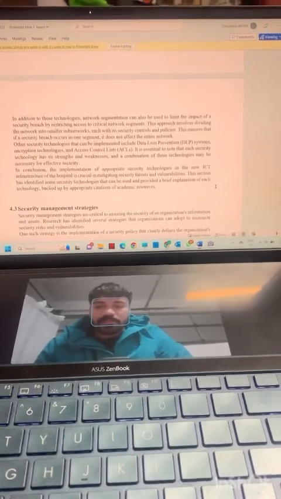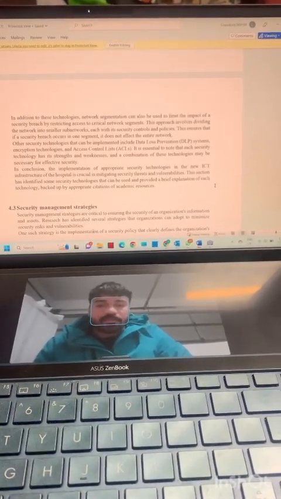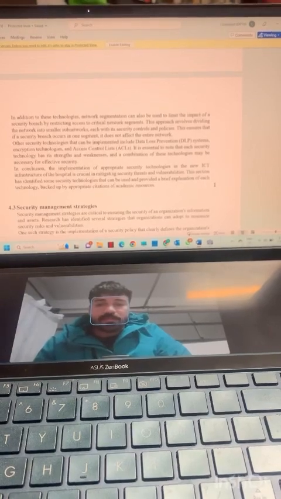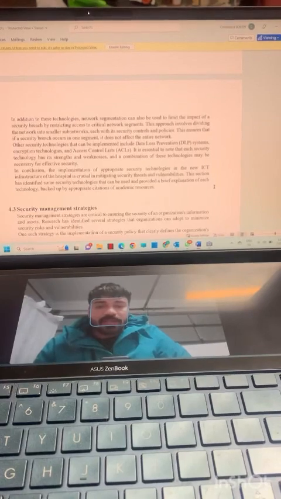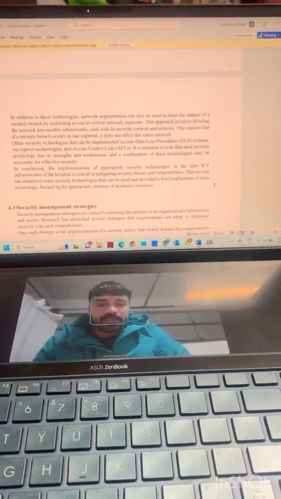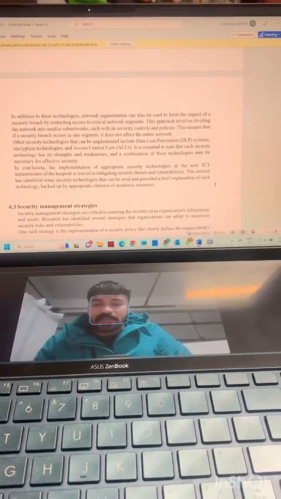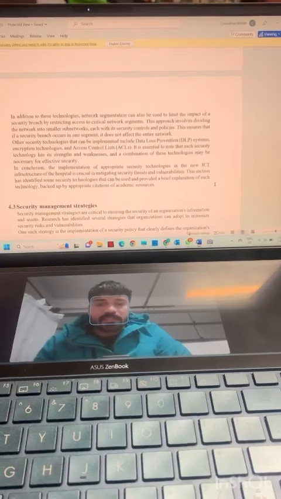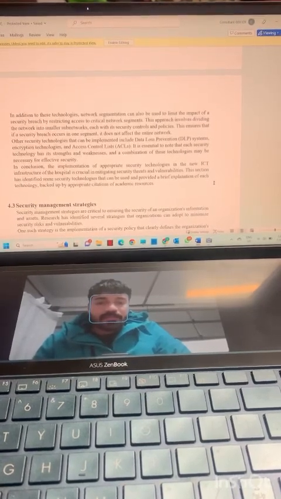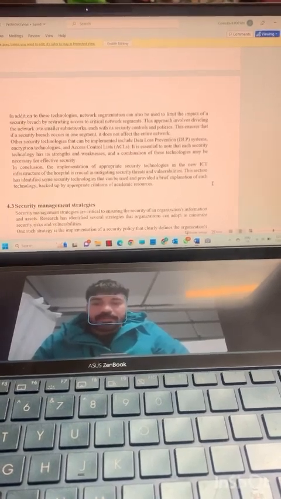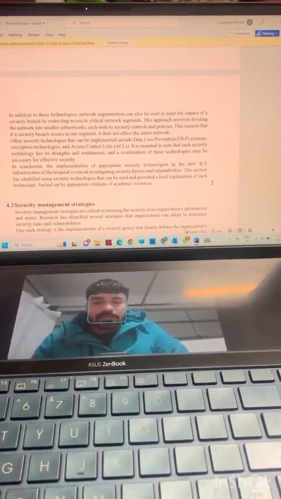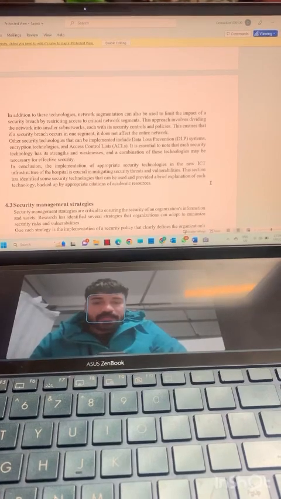In conclusion, the implementation of appropriate security technology in the new ICT infrastructure of the hospital is critical in mitigating security threats and vulnerabilities. This section has identified some security technologies that can be used and provided a brief explanation of each technology, backed up by appropriate citation of academic sources.